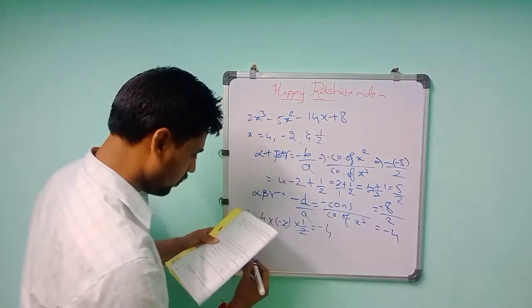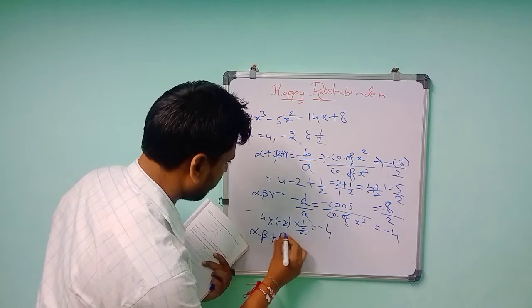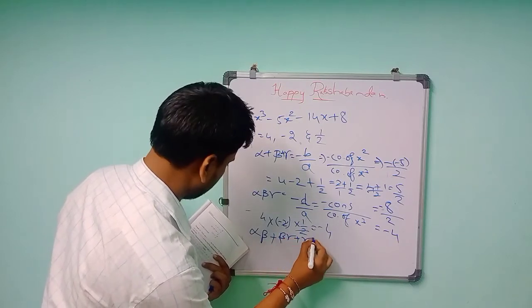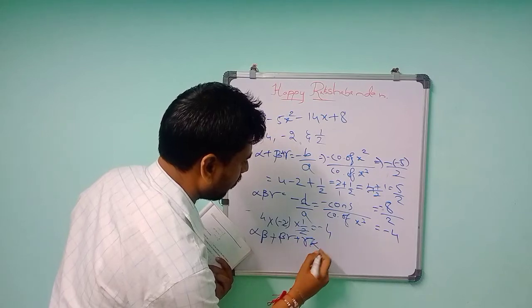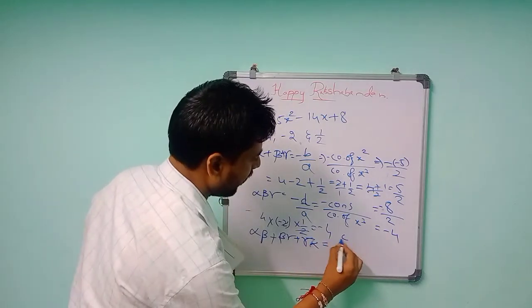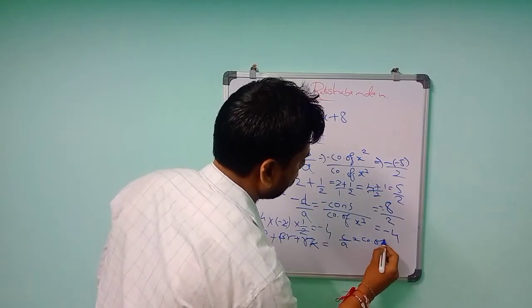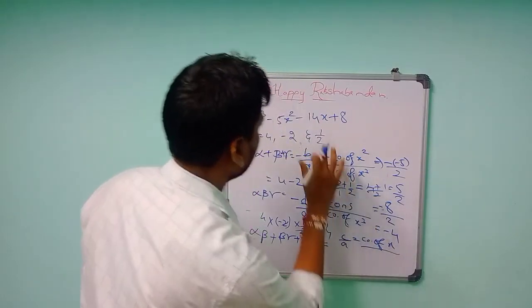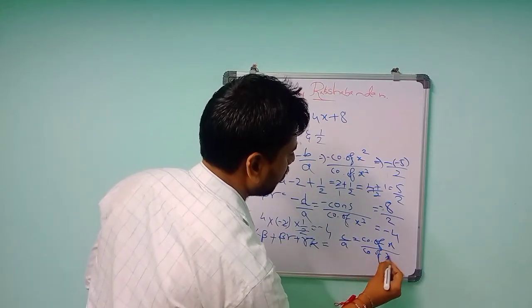There is one more relationship: alpha beta plus beta gamma plus gamma alpha is equal to c by a. C is the coefficient of x, divided by a, the coefficient of x cube.